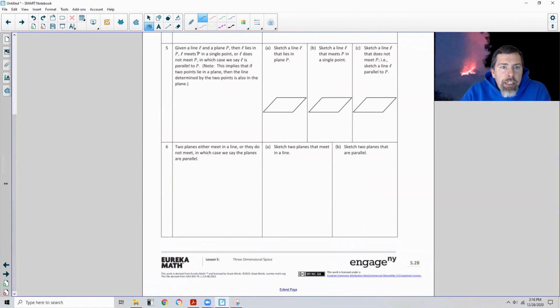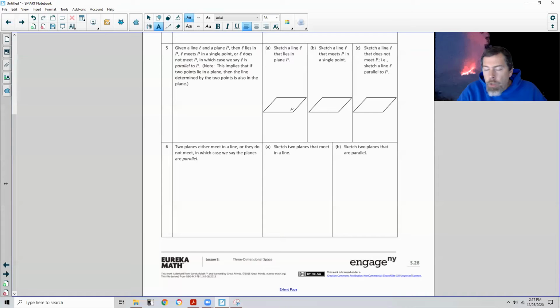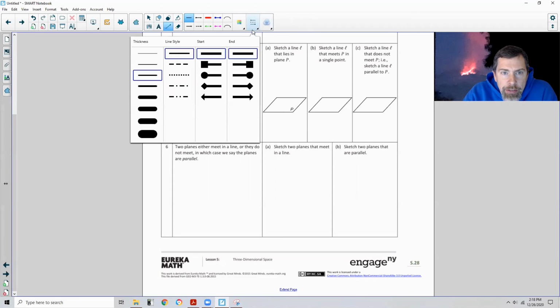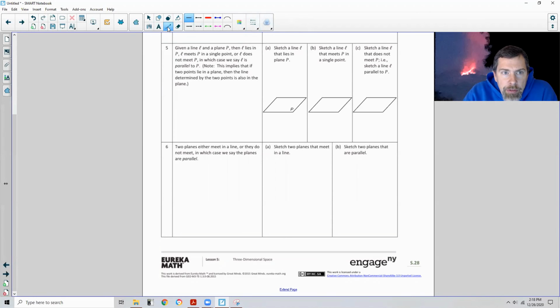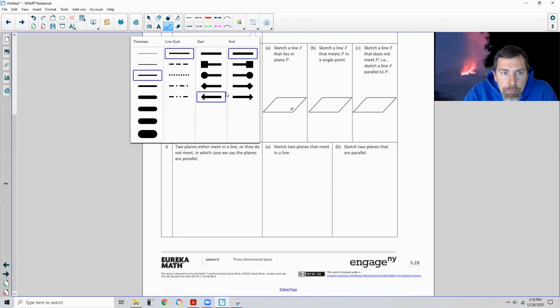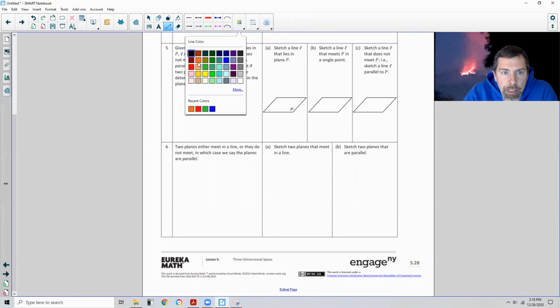Number 5, given a line L and a plane P, so this is plane P, so we usually use an italic letter P here. Okay, so we usually represent a plane with an italic capital letter. So there's capital P. So given a line L and a plane P, so now I need a line L. I'll make it red.